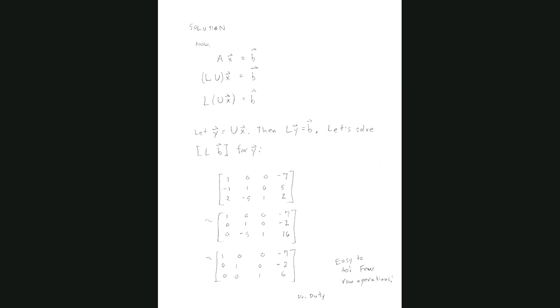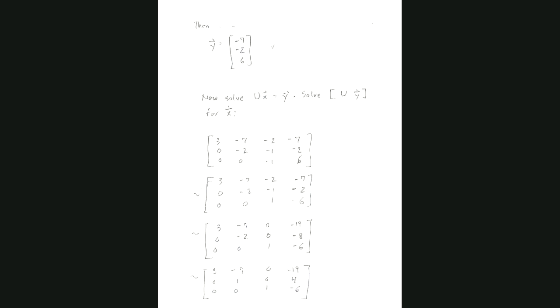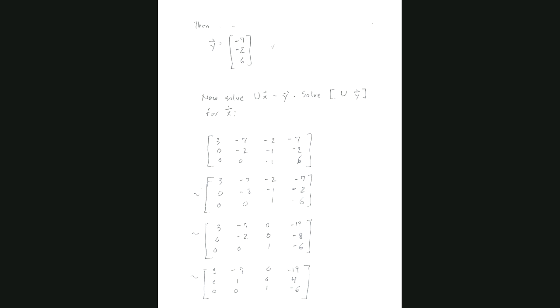Since the vector y is -7, -2, and 6, I'm going to solve the system Ux equals y for x.